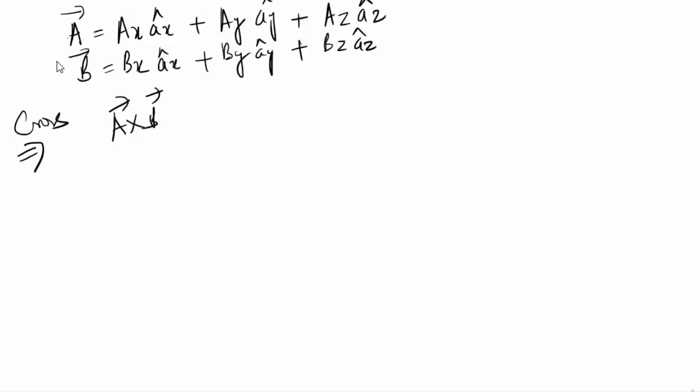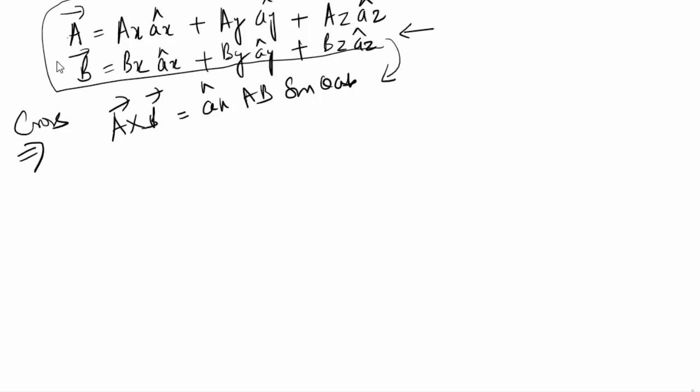That can be defined as a_n, which is the direction, times the magnitudes AB into sine of theta AB. In these two vectors, these are my vectors and these are only my magnitudes.